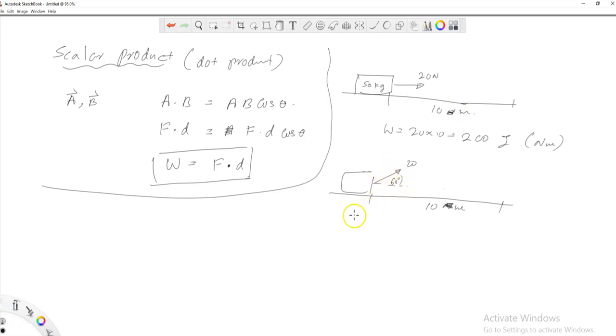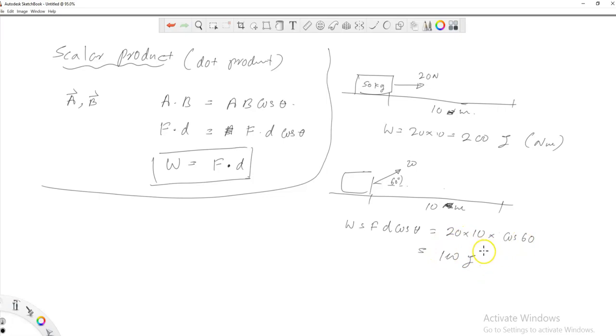We need work is F D cosine theta, which is 20 times 10 times cosine 60. Cosine 60 is half, 0.5, so you get 100 joules.